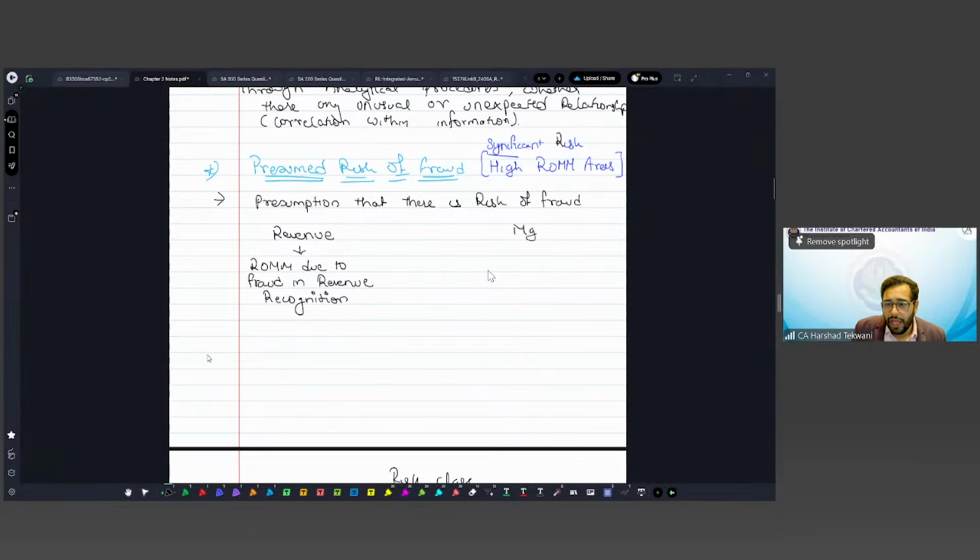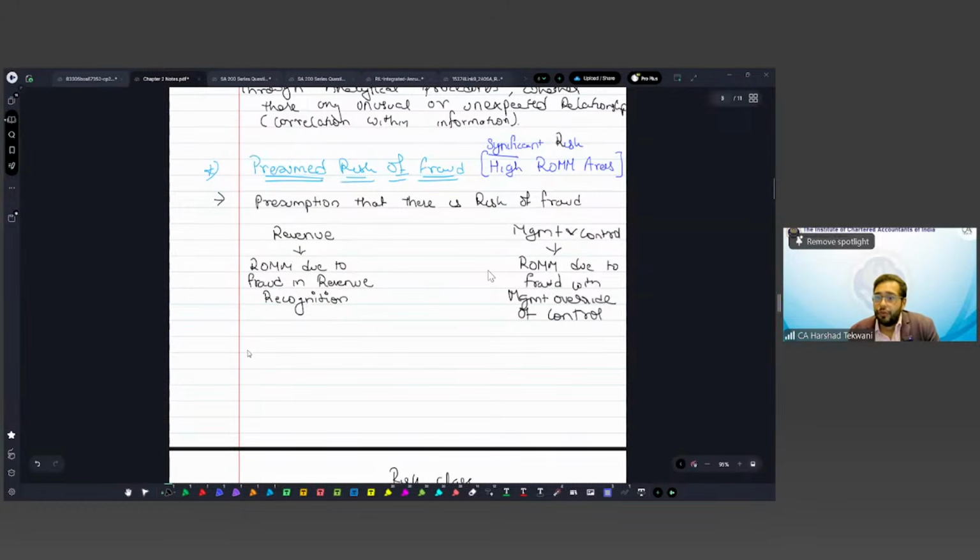So the area of management and control, that is risk of material misstatement due to fraud, due to management override of control. So that is the second presumed risk area.